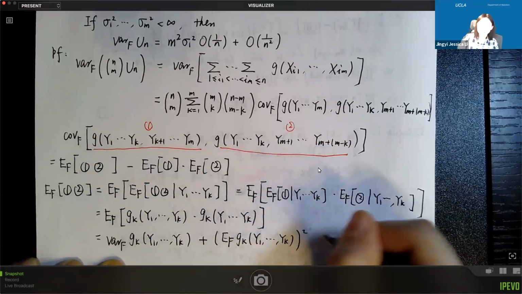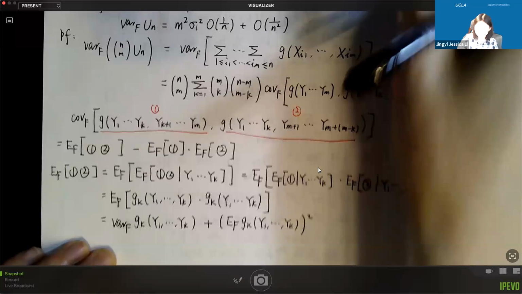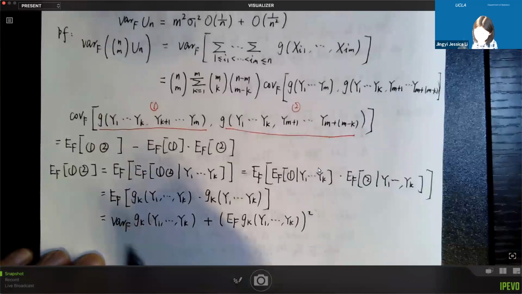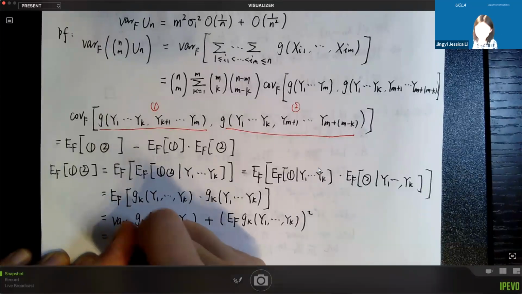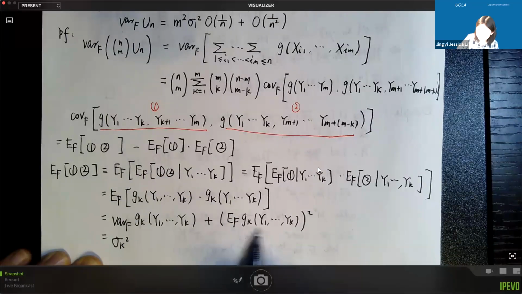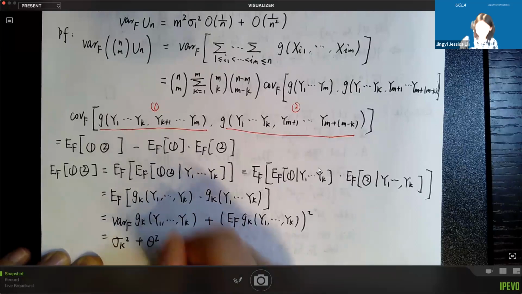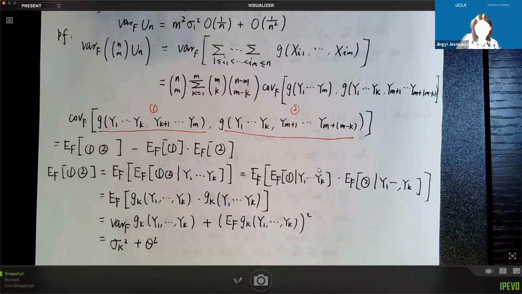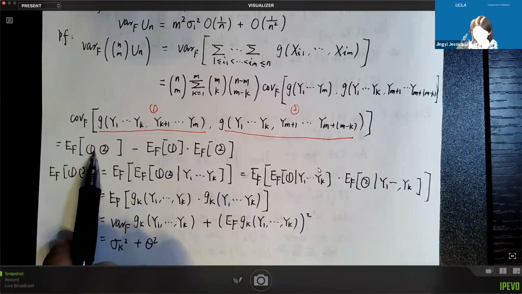We have notation for both: the variance is what we denoted as sigma k squared, and this expectation is what we call theta squared. So I get the expectation of 1 times 2.